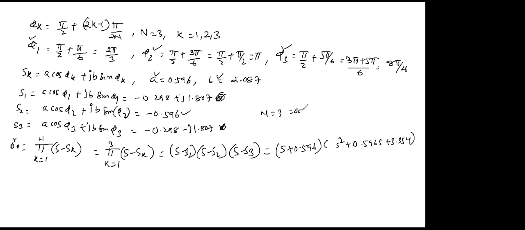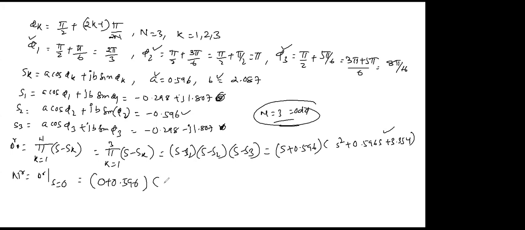Now this is your denominator, and n equals 3, that is odd. Then what is the numerator? Numerator equals denominator for s equals 0. Simple, in the denominator put s equals 0 because n is odd. Then it is 0 plus 0.596 multiplied by 0 plus 0 plus 3.354. If you multiply these two, you will get 1.998984.